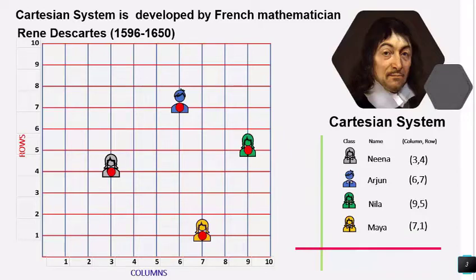We all have been using this system for ages in our real life. You know where? On a globe. Through longitudes and latitudes, we are able to locate or find the countries, continents, etc. In fact, it was Rene who developed the idea of longitudes and latitudes to create Cartesian system. I hope I have explained it well enough.